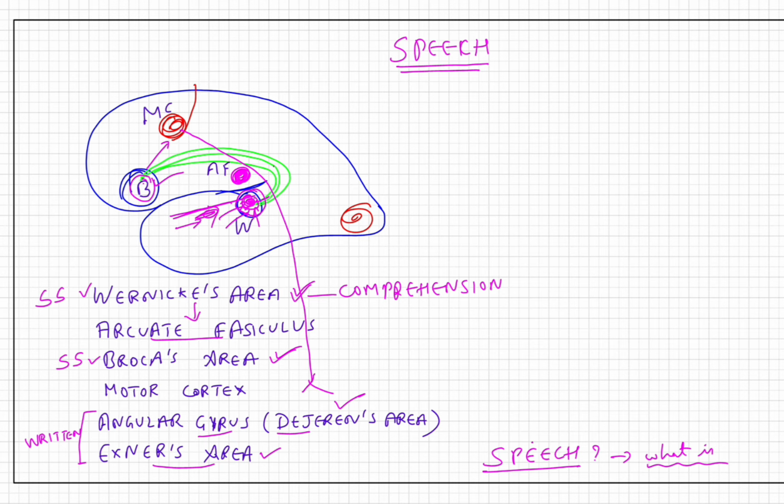So to put it in simple terms, when I'm talking now, that information is collected in the auditory cortex in your brain, and from there the information is sent to Wernicke's area. You will understand the meaning of what I'm talking. Once the meaning is understood, then the information is sent via the arcuate fasciculus to Broca's area. Broca's area is mainly the motor area which is responsible for speech production.